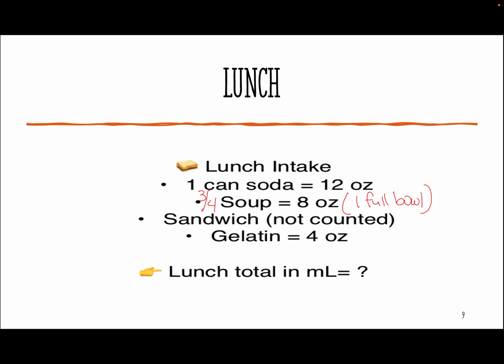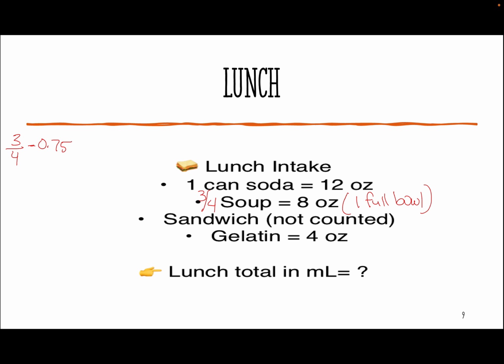So I'm going to show you how to calculate that with the fraction in there, okay? So let's start with that one actually, and then we'll add it all together. So if they had 3/4 bowl of soup, you can do the math with a fraction. Most people don't like the fractions, so let me show you how to get rid of the fraction. So 3/4, okay? If you plug that into your calculator, 3 divided by 4, you're going to get 0.75, okay? Usually working with the decimal is easier, so you can do that.